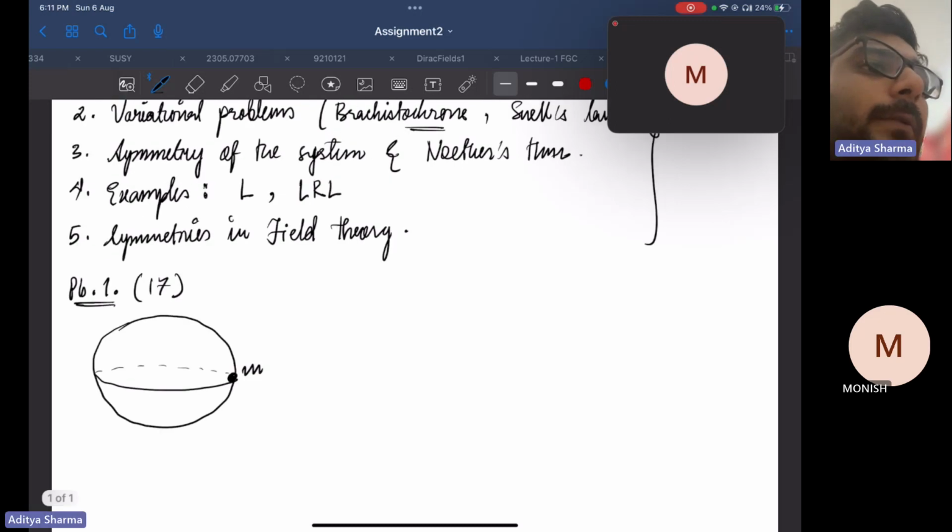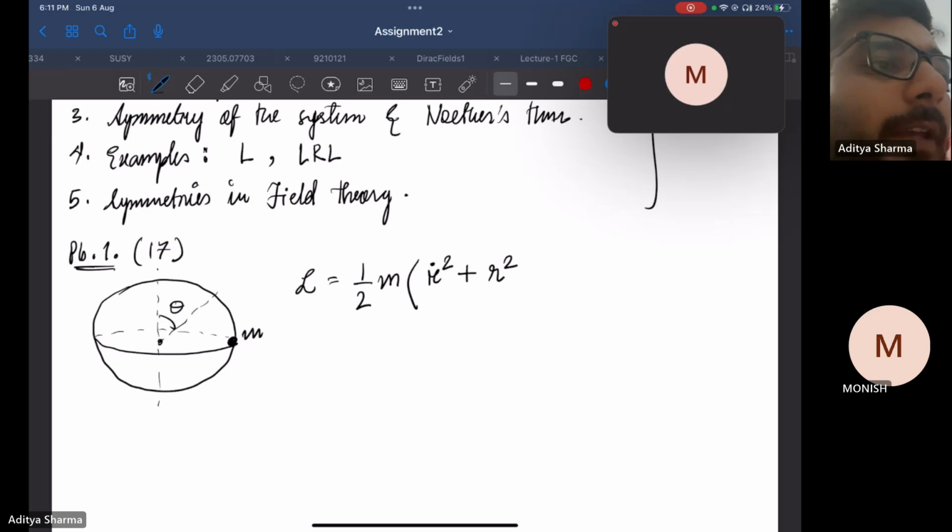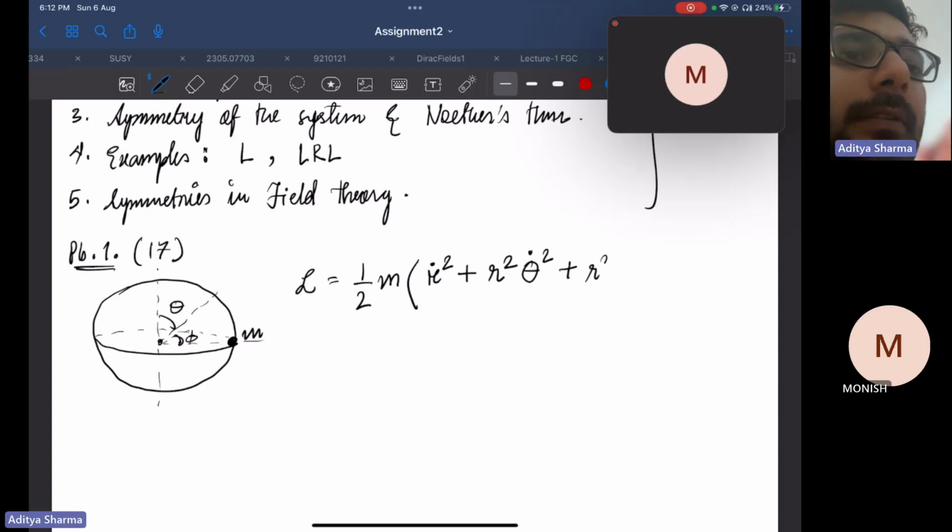All right, so let us start. The Lagrangian should be half m times r dot square plus r square theta dot square plus r square sine square theta phi dot square.